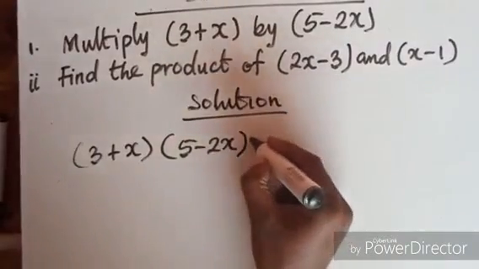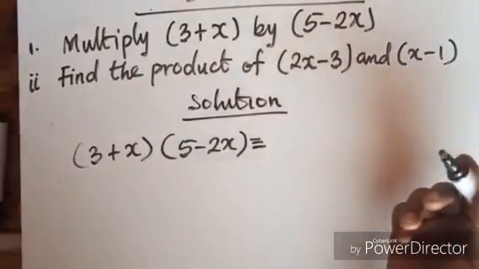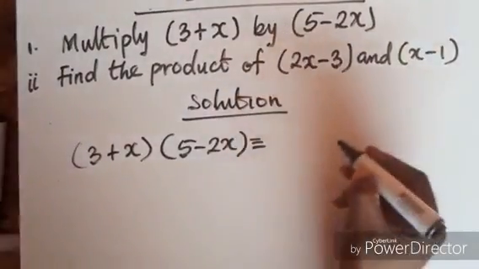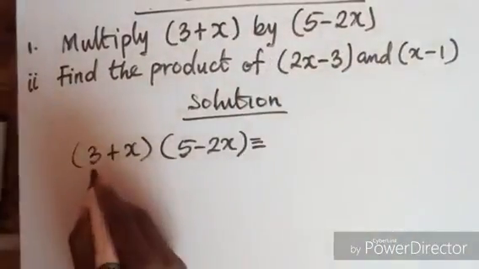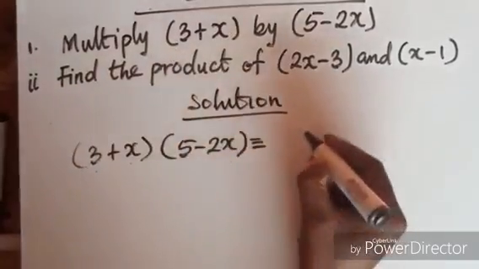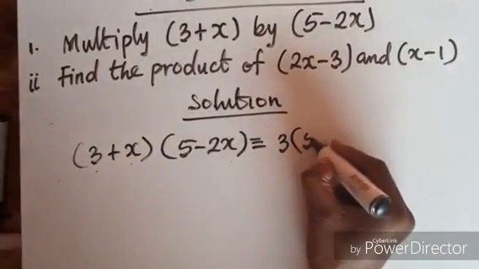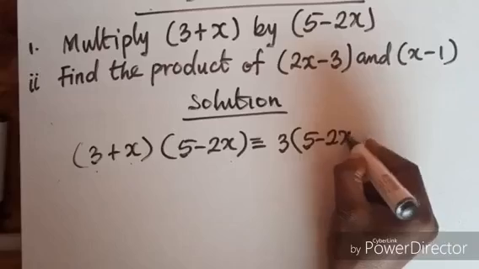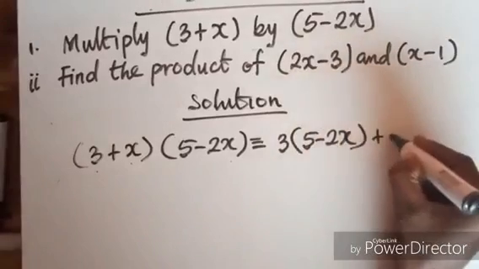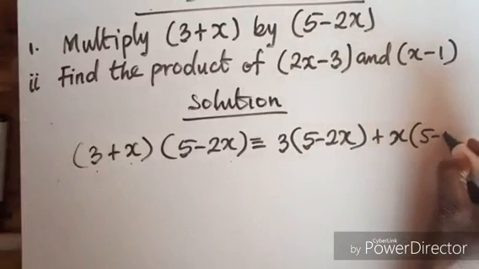Now I like using the equivalency sign so that you know that I'm working an expression. So this is going to multiply out the whole of this term, likewise x. So I'm going to get 3 times 5 minus 2x plus x times 5 minus 2x.